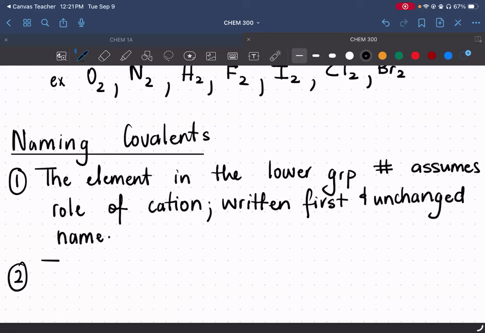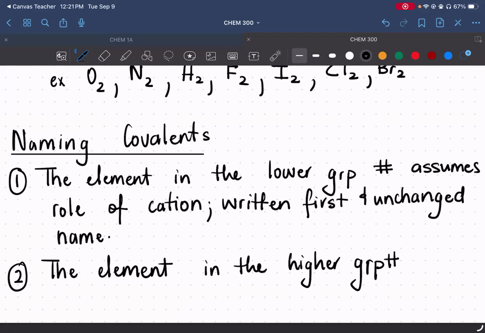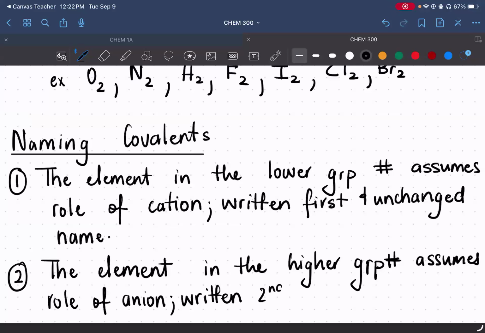Number two, the element in the higher group number assumes the role of the anion, where, of course, it is written second, and the suffix "ide" is used.